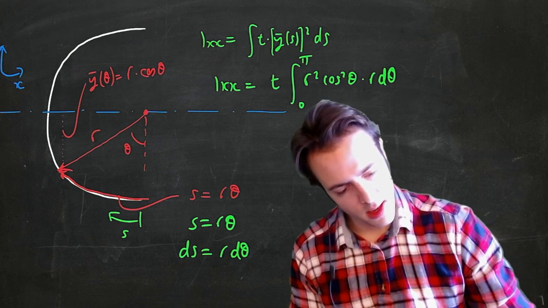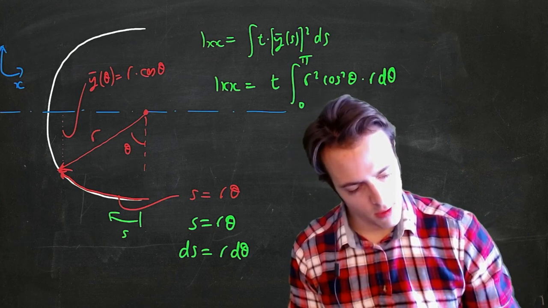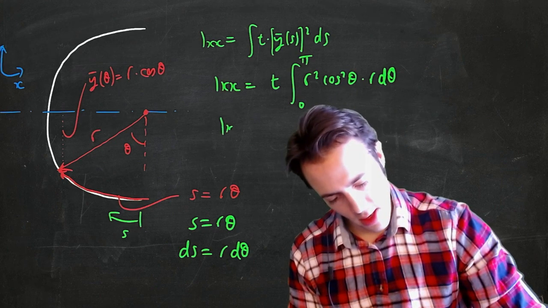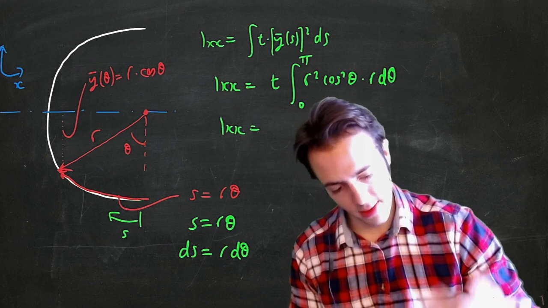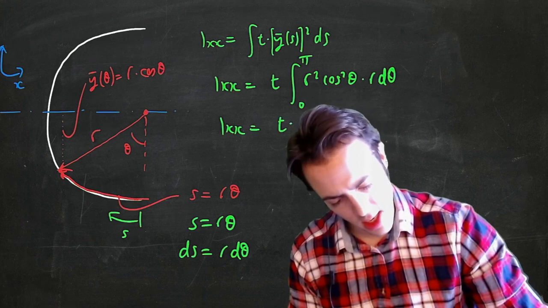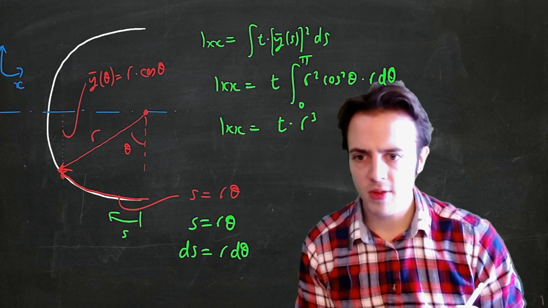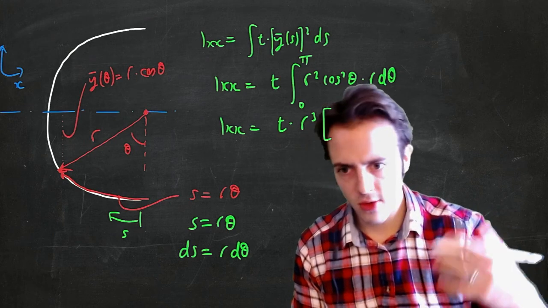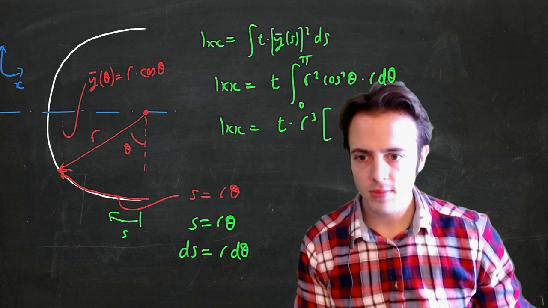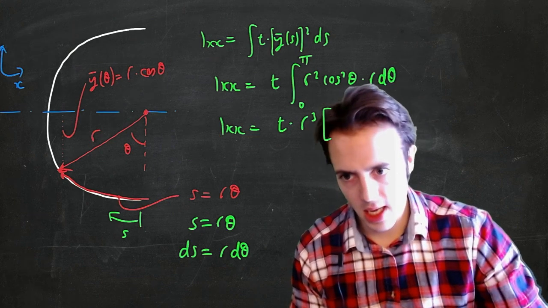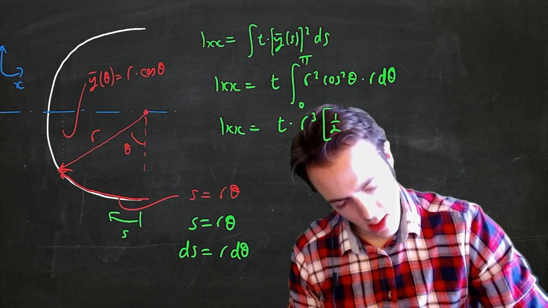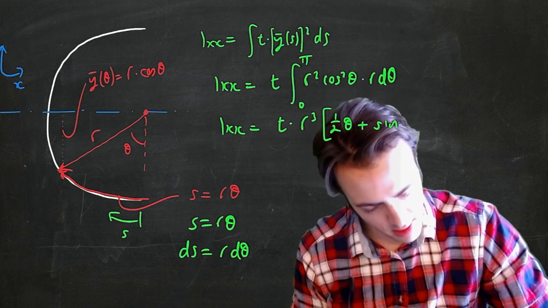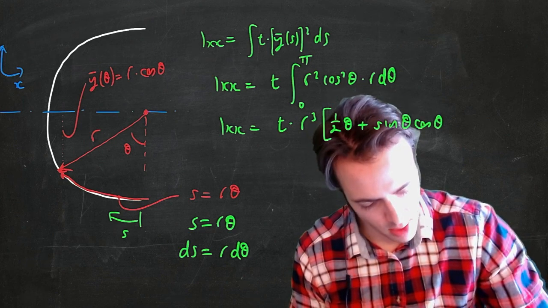Let's just get rid of this overzealous centroid line. Ixx is equal to, I can take the r out of here, so we've got t multiplied by r cubed, and then I can integrate this. Cosine squared theta integrated gives me half theta plus sine theta cosine theta.